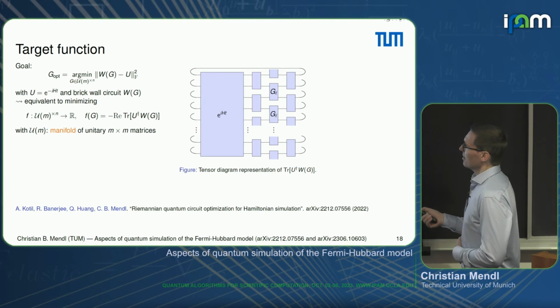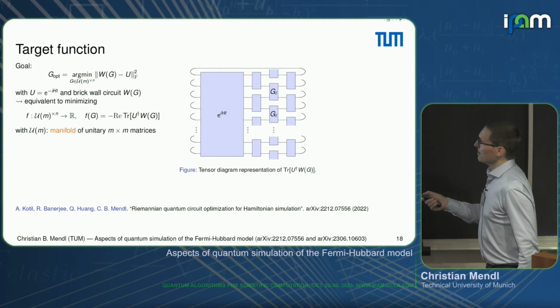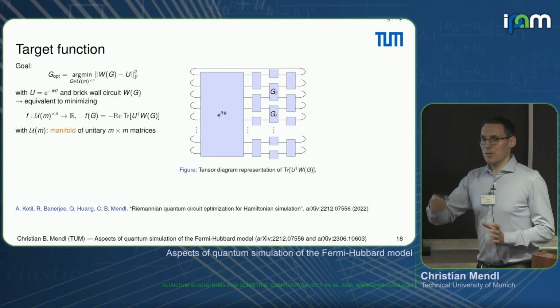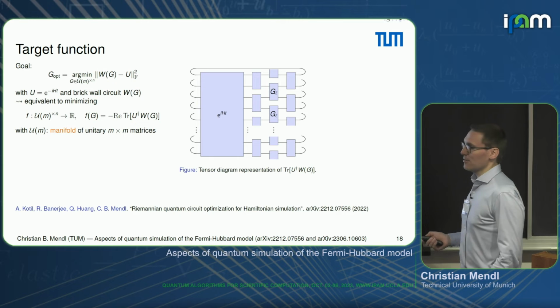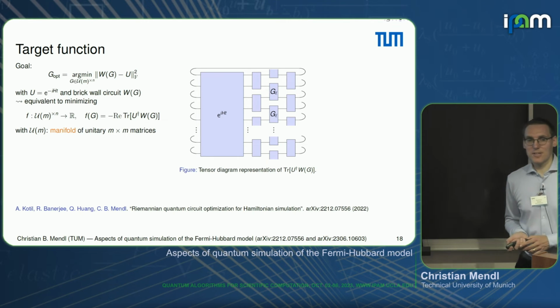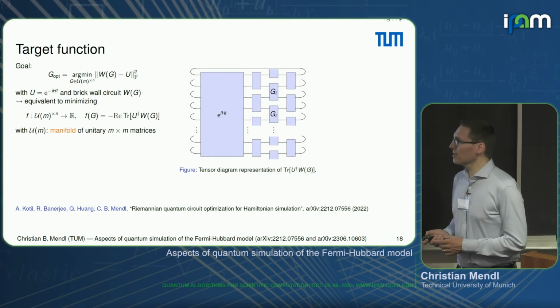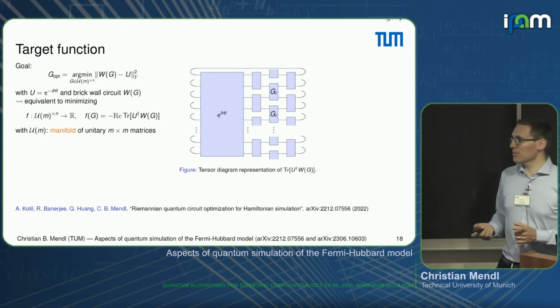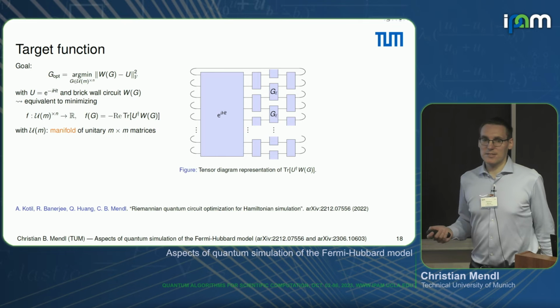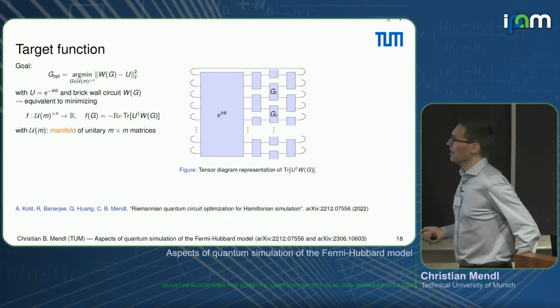If I compute the gradient of this with respect to GL, I take the sum of the same circuit, but where I omit one of the GLs from the circuit. It works basically as if you take derivatives of a polynomial. Maybe it's good to think of this as a polynomial where you just take the derivative.